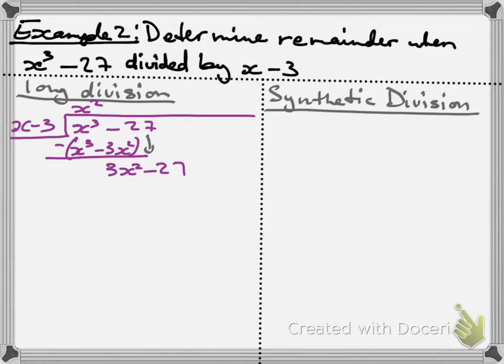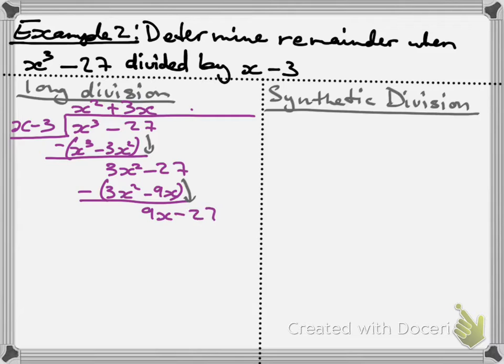Then we say 3x squared divided by x, which is going to be plus 3x. So that is plus 3x, and then 3x multiplied by x is going to be 3x squared. 3x multiplied by -3 is going to be -9x.